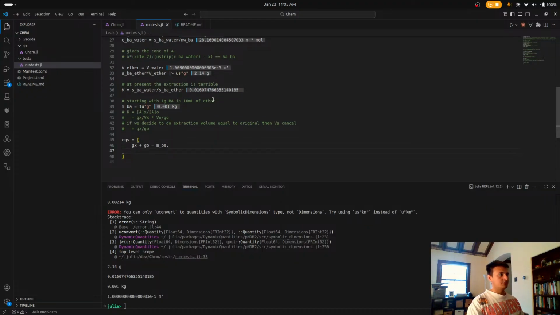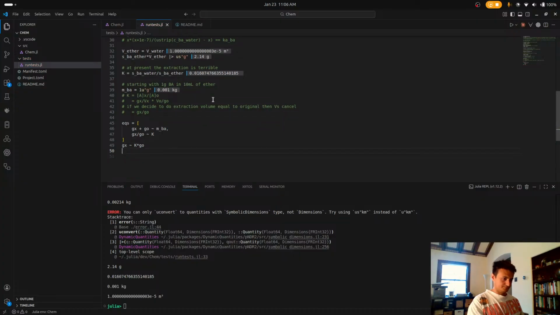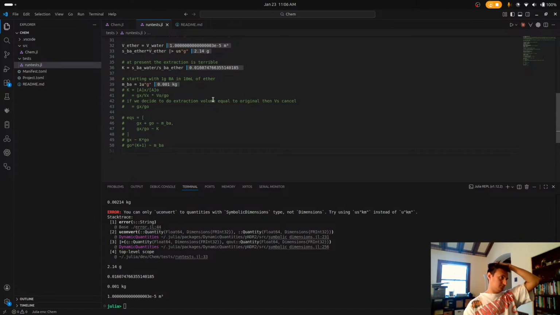We also know that GX over GO is equal to K. So then we have to solve those equations, and you should be able to get GO times K plus 1... no, what am I doing?